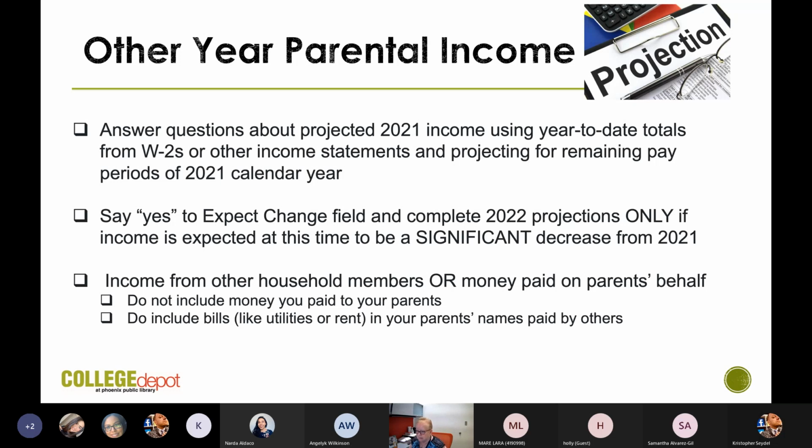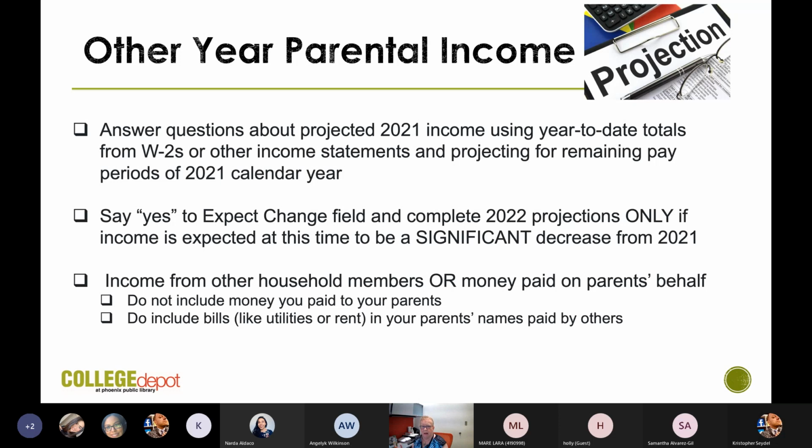Income from other members of the household or money paid on parents' behalf. I want you to look at this for a moment. If you paid money to your parents for something, like you paid them rent to live there, you do not need to include that. But if there are bills that are in your parents' names and they are paid by others, I'll give you an example.